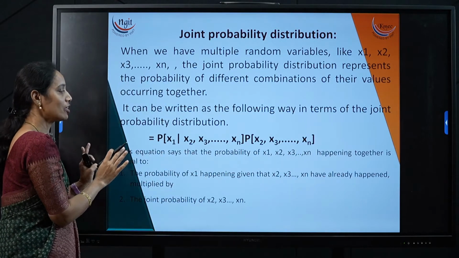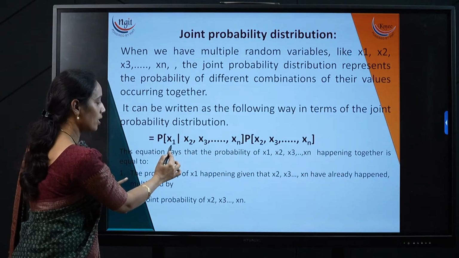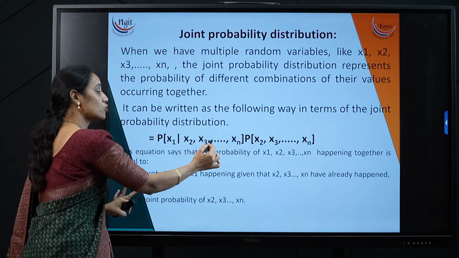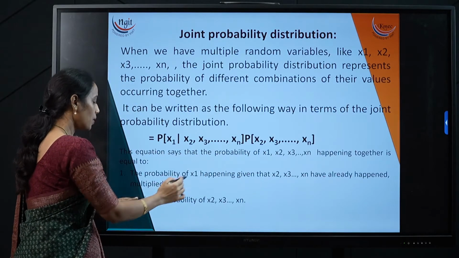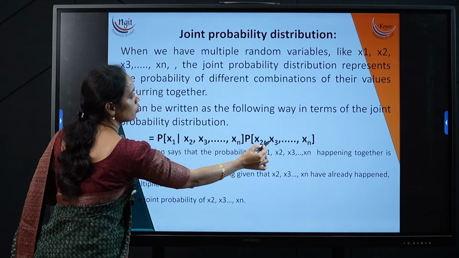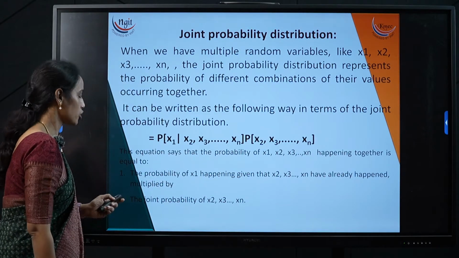We read this as the probability of x1 happening given that x2, x3 till xn have already happened, multiplied by the joint probability of x2, x3 till xn. This is what we call joint probability distribution.